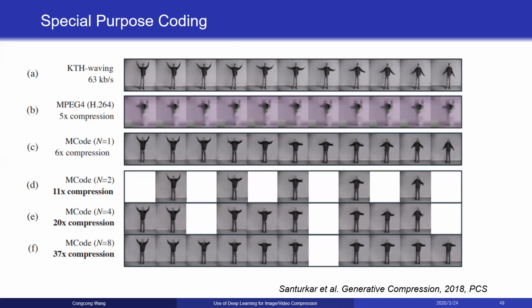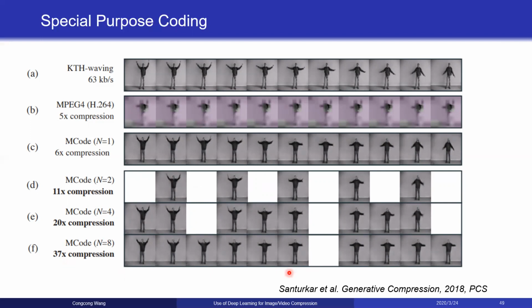For image D, the white place is the corresponding reconstruction of the transmitted frame. It is omitted in the figure here. And the other images, for example this one, are generated. They are not transmitted from the encoder to the decoder. Especially in F, only this frame is transmitted from encoder to decoder and reconstructed.